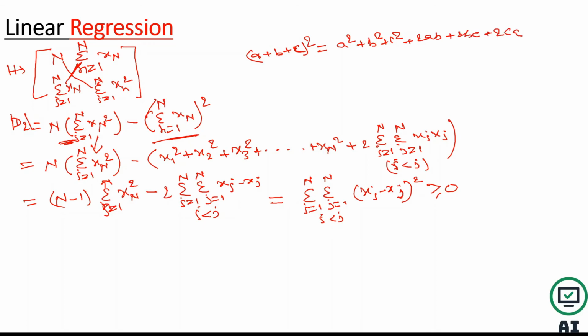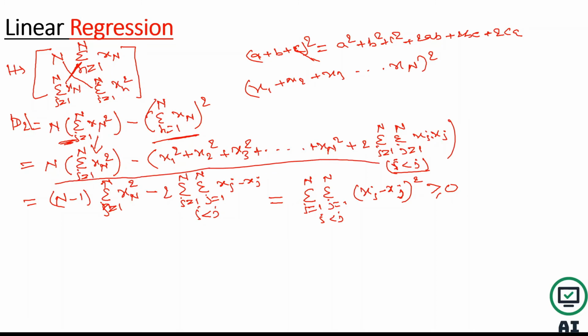Similarly we have (x1 + x2 + x3 + ... + xn) whole square. I have applied this formula here and expanded it: x1 square plus x2 square plus x3 square up to xn square plus 2 summation of i equal to 1 to n, summation of j equal to 1 to n, xi times xj where i is less than j. So if you expand this, you will get this particular equation.